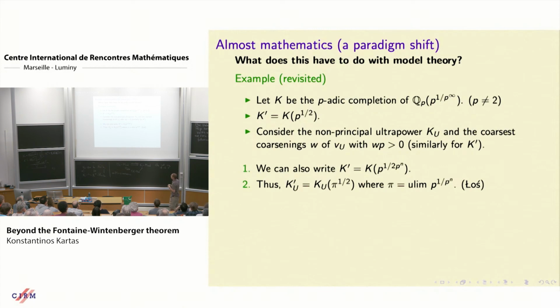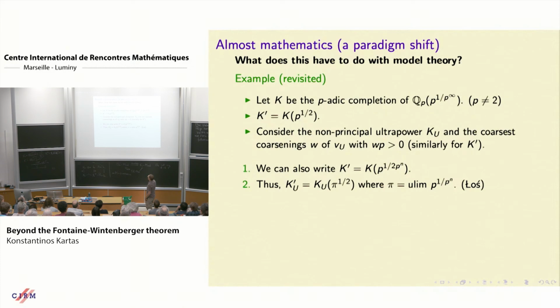So I consider the ultrapowers, I make the coarsenings, and now I'm in this localized situation in the coarsenings. And of course, once you do that, this is a much more familiar game.